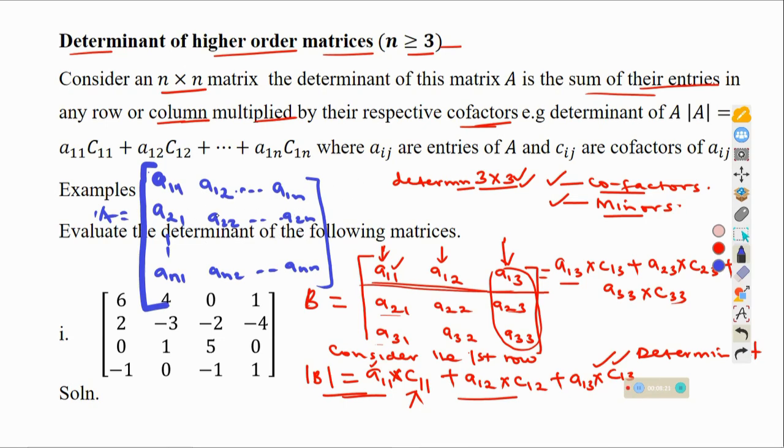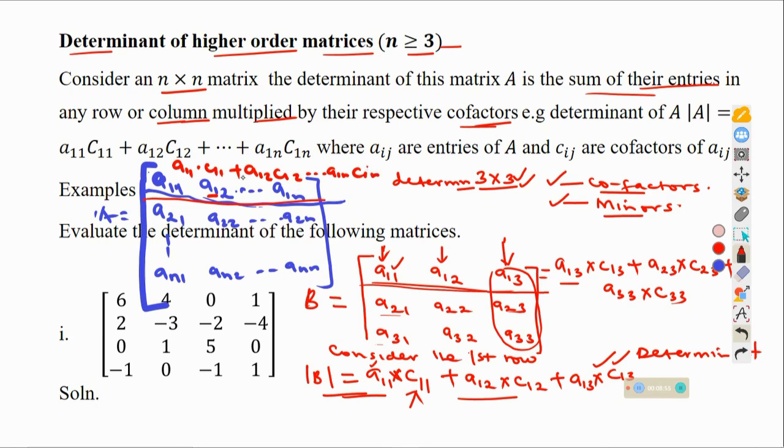So if we want to get the determinant of this, we have chosen the first row. To get the determinant of this, we are simply getting A11 multiplied with the respective cofactor, that is C11, plus A12, because we have chosen this row, so that is A12 C12, up to A1n C1n.